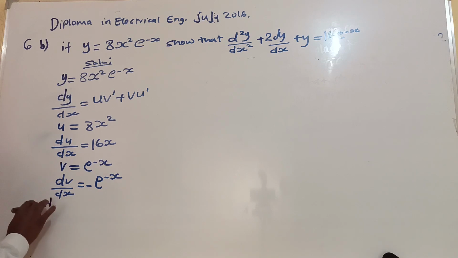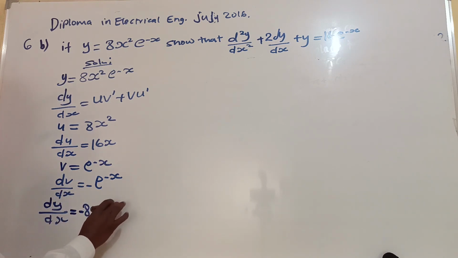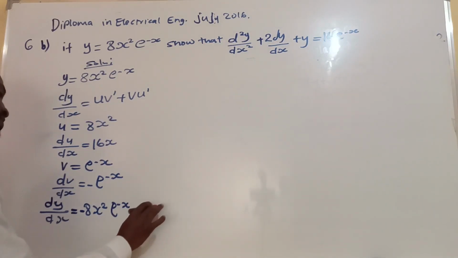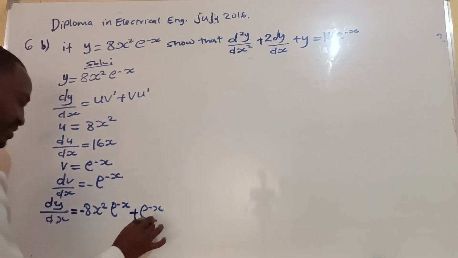Then we say dy dx is equal to u, 8x squared, times dv dx, which is negative. We should have put space here, negative, because of this negative exponential negative x, plus exponential negative x times du dx. du dx is 16x.